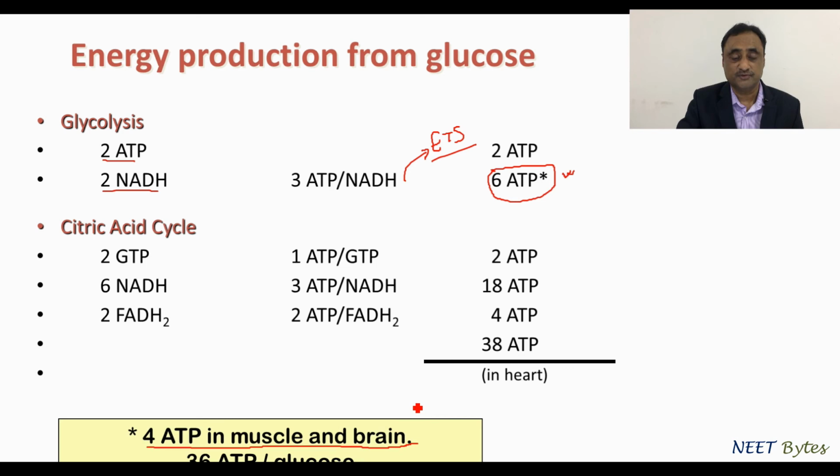But in the case of heart, there is a different shuttle, what we call the malate shuttle, and in that shuttle, instead of 4, 6 ATP is formed, so the total amount is 38 ATP. So the difference occurs only due to the accommodation of glycolytic NADH2. Let's be very clear: in the case of heart, 38 ATP; in the case of brain and muscles, there is going to be 36 ATP.